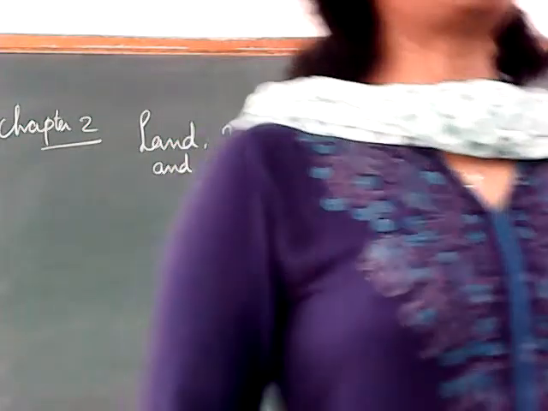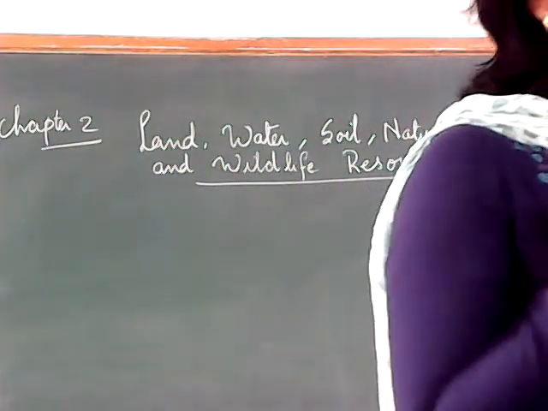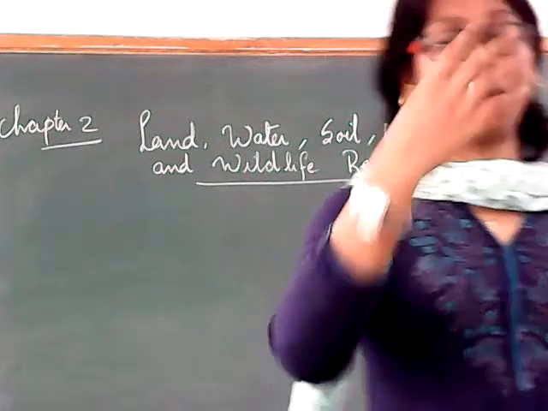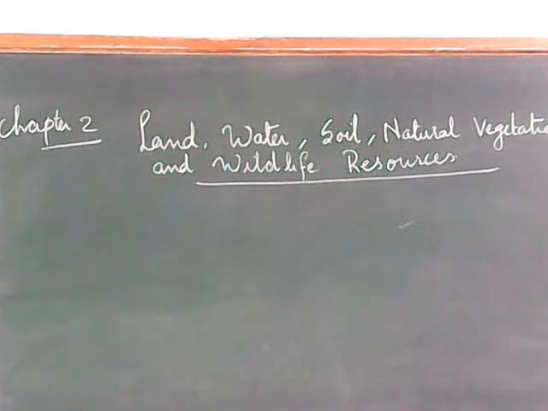You can write in the chat box since I cannot hear your voice. Again, today is going to be one way because there is no speaker. Can you write in the chat box? The topic land, water and soil: these are resources. All the things, land, water, soil, natural vegetation and wildlife, are very important.